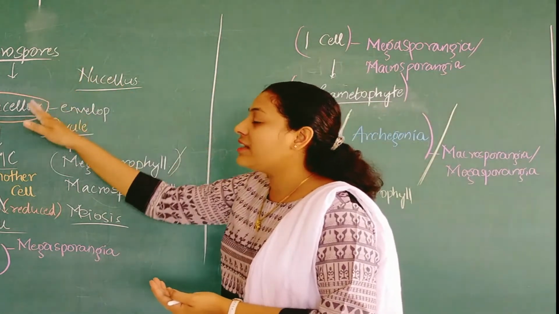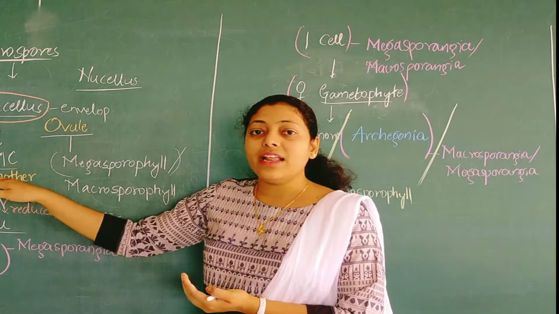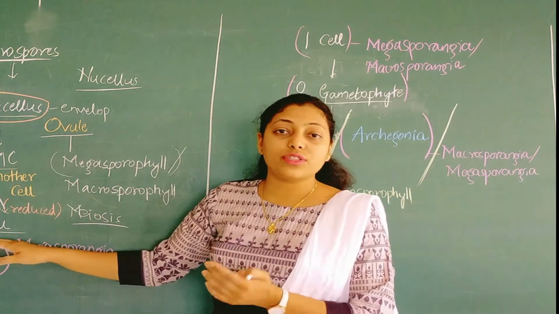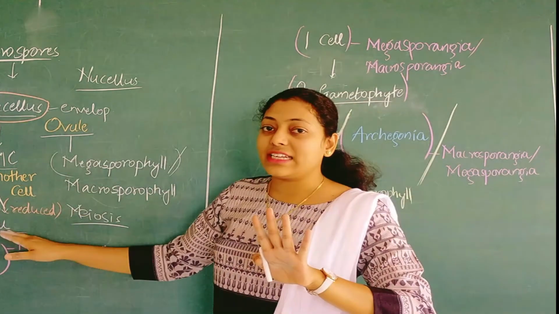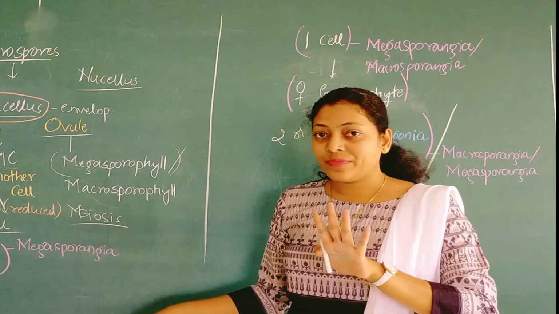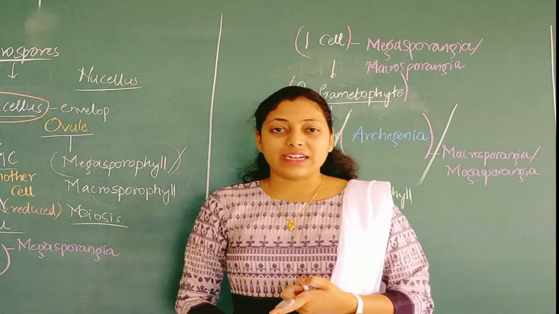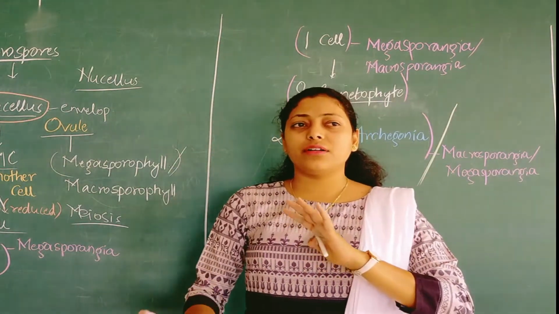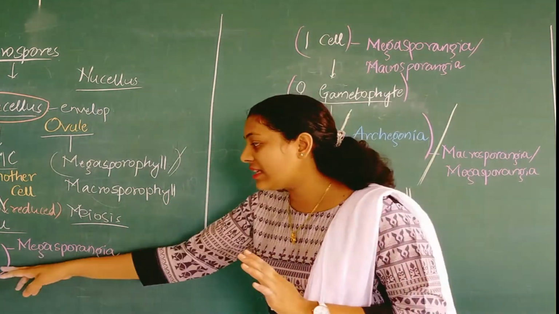Up to here it was the sporophyte, and then it forms the MMC cell. The MMC cell further goes on to form 4 daughter cells. Here we see the gametophyte stage. From the 4 daughter cells, 1 cell is selected. Out of the 4 cells, 1 or 2 cells are selected.